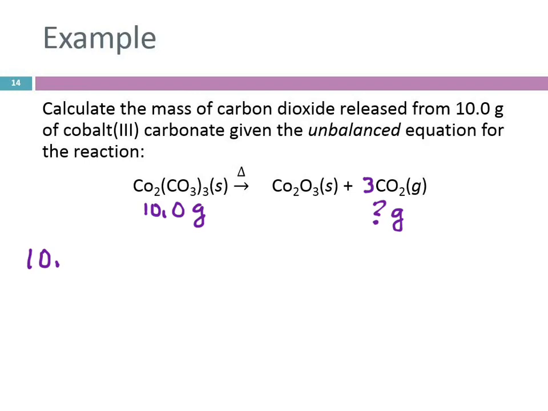So we'll start with 10. Well, let's be consistent. Let's write out the path. Grams of, see, with cobalt carbonate, you really want to be careful with the size of your O's. So grams of that to moles of that.